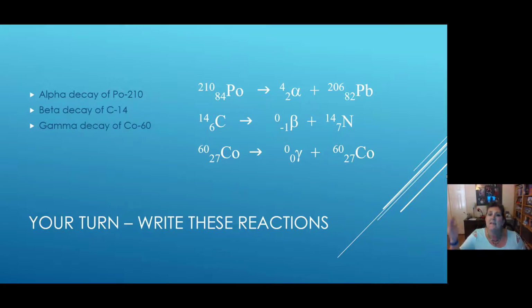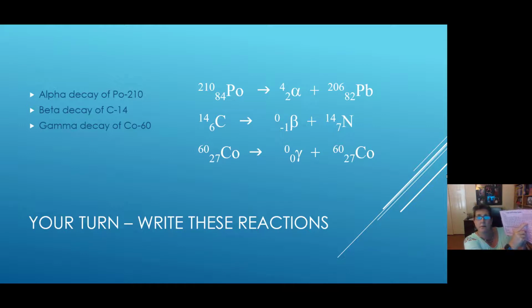Then we have 6 equals minus 1 plus 7. 7 minus 1 is 6. And number 7, again, you have to look up the 7 and see it's nitrogen. Just like for the first one, you looked up 82 and saw that it was Pb.